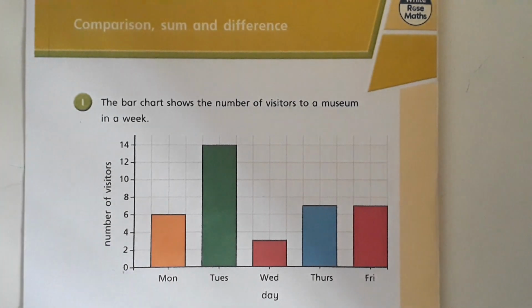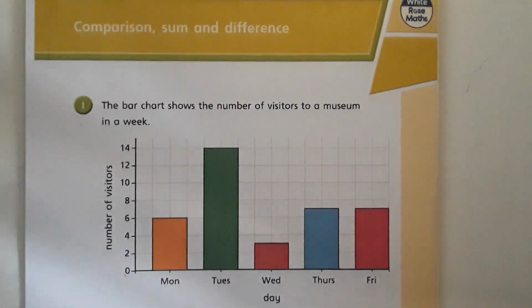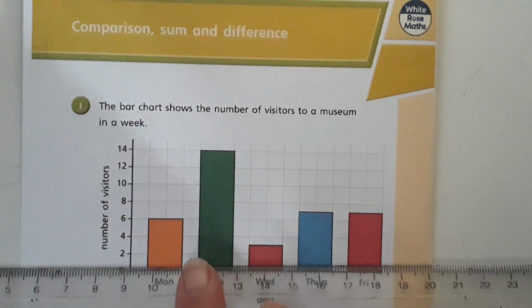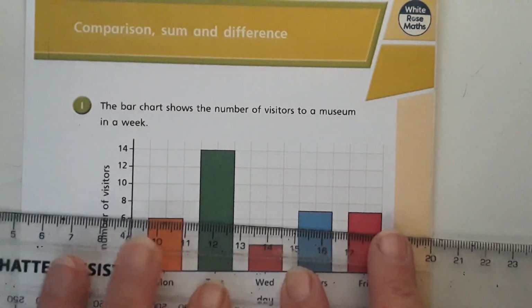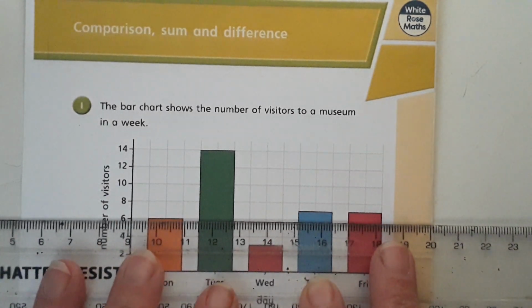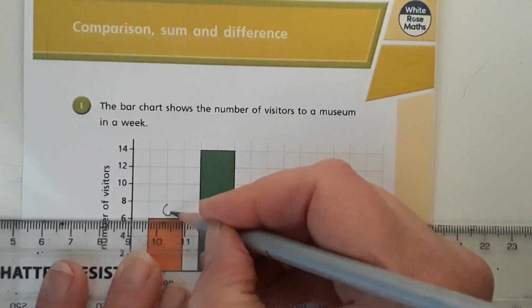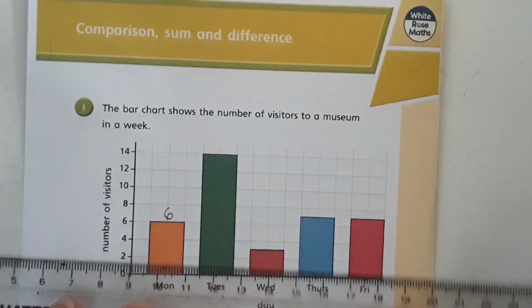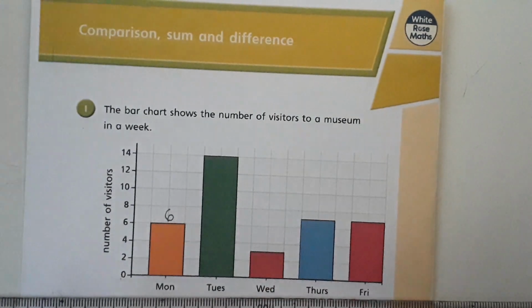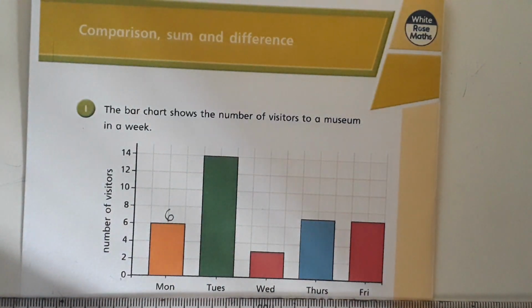Okay, and they've got the days of the week. So my advice to you is, again, use a ruler, and actually it's helpful if you write the value at the top of each bar, so it just makes it easy to see and you don't have to recount or recheck.